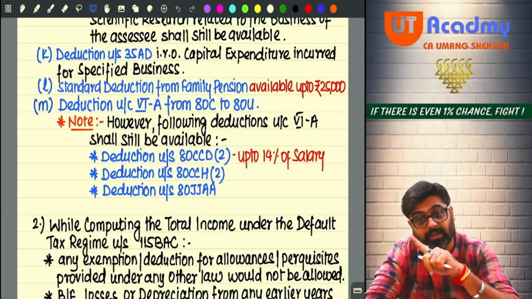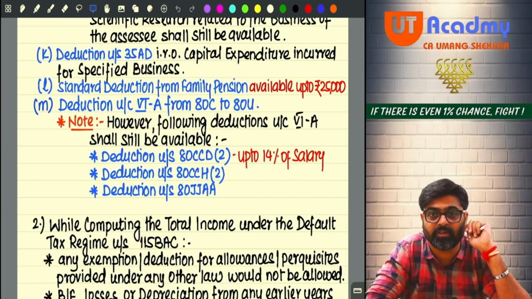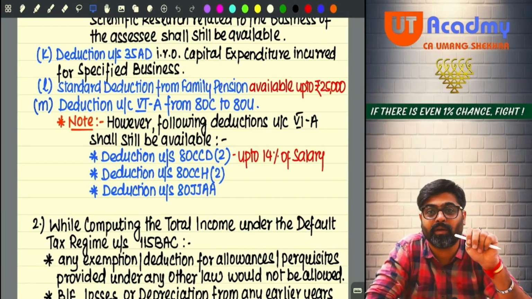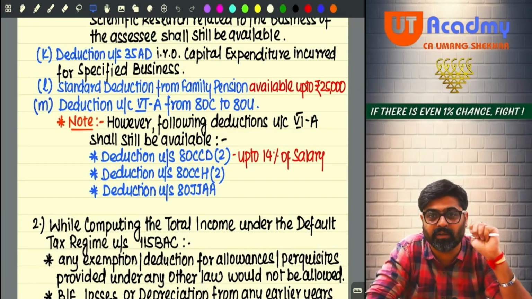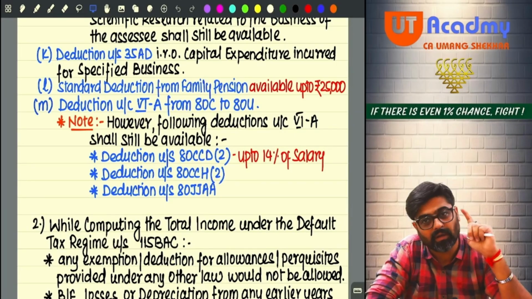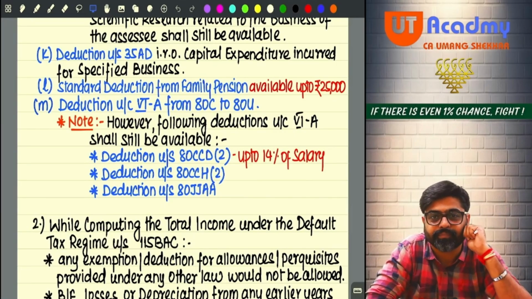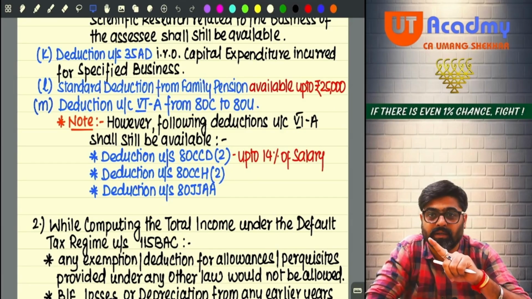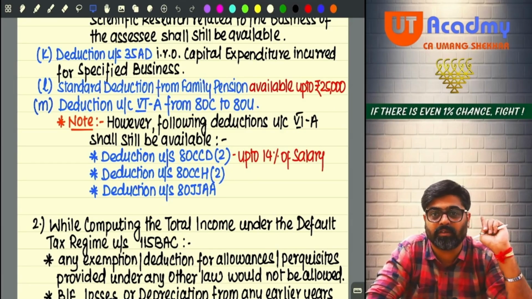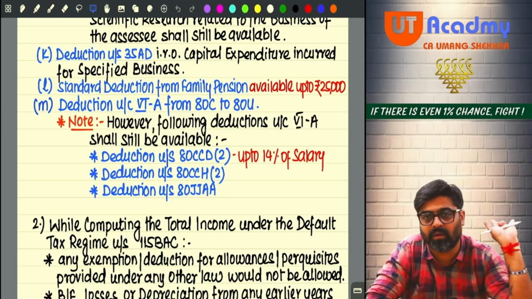Fully allowed. First taxable as your salary, then fully allowed under 80CCH2. Allowed here also. Then 80JJAA, additional employee cost, 30% of that for 3 consecutive years. Allowed there also, allowed here also. Other than these 3 deductions, you cannot claim any other chapter 6A deduction. All the chapter 6A deductions are gone.